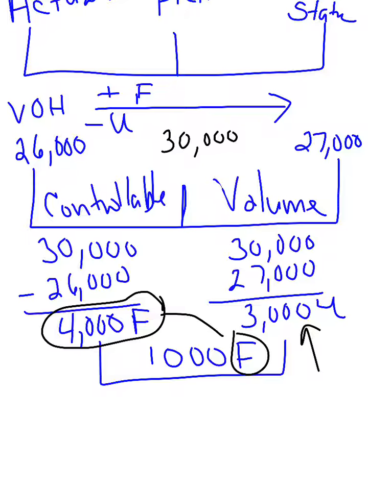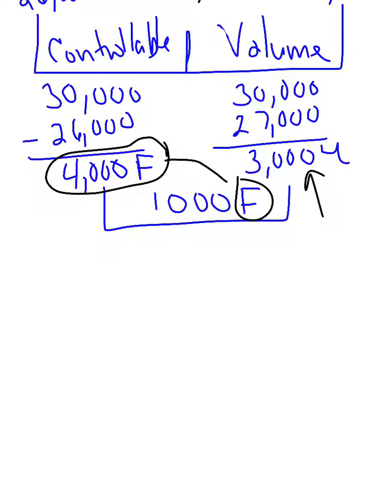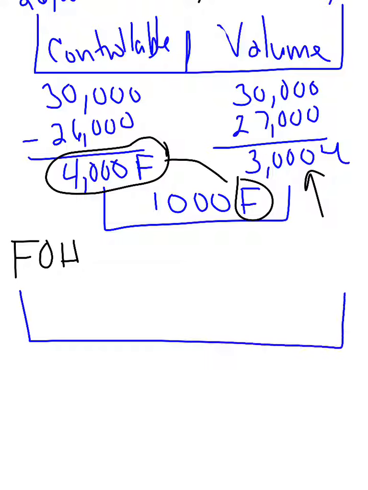The last one that I want to look at is the fixed overhead amount. When I look at this, I'm looking at the same things: the static budget, the actual amount, and the flexible budget.